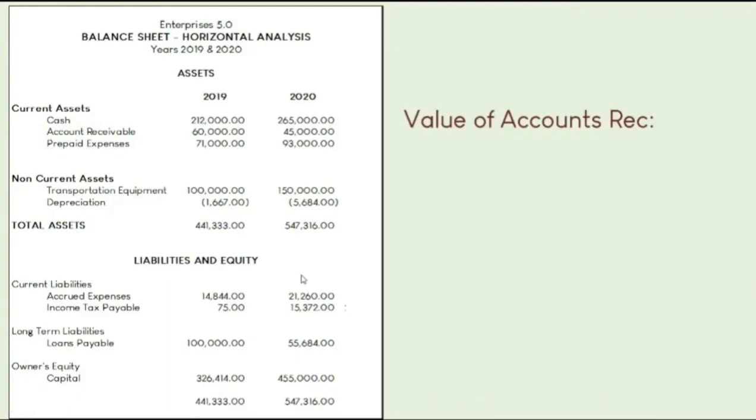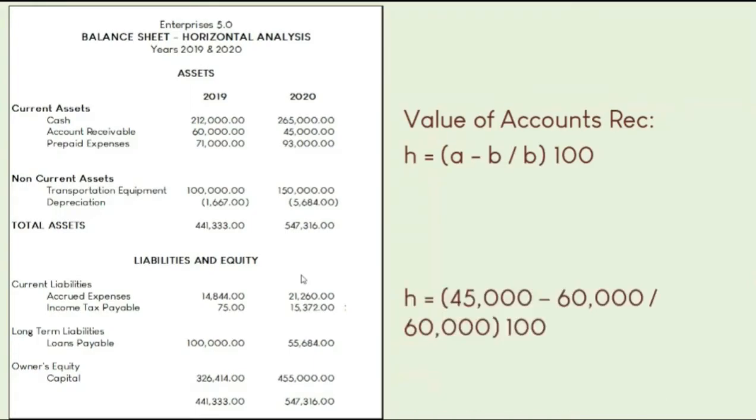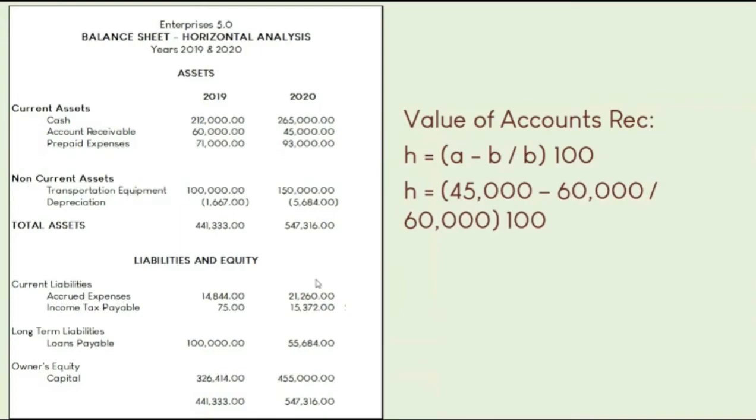Let's solve for the value of accounts receivable. First, we identify the values. We need the base year and the current year. The value of A, meaning the current year, is 45,000. The value of B is 60,000 because that is the base year.